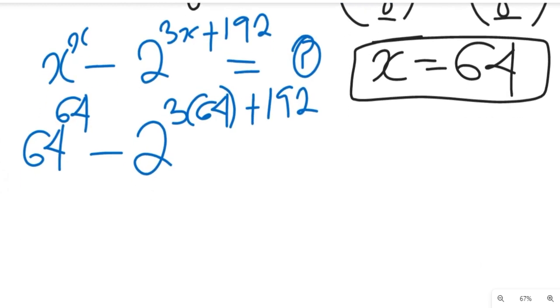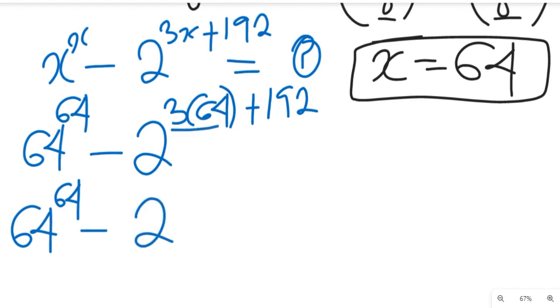So if we simplify that, we are going to have 64 to the power of 64 minus 2 to the power of this times this, which is going to give us 192.